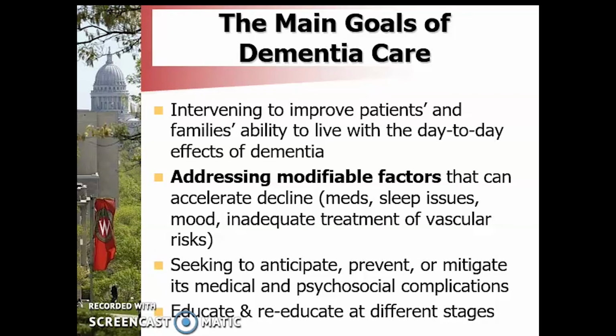As I mentioned before, one of the key issues is addressing modifiable factors, and a lot of the initial care plans should focus on this, considering medications, considering sleep disturbances, considering mood difficulties such as unmanaged or undermanaged depression or anxiety, addressing sensory barriers such as hearing impairment or sometimes visual difficulties too, and then appropriately managing vascular risks.